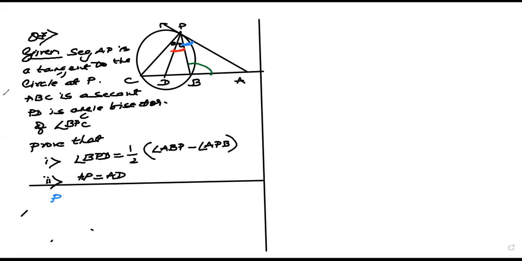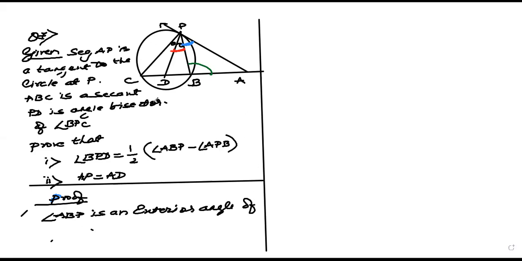I'm going to start with angle ABP. Just have a look at angle ABP, children. ABP is an exterior angle of triangle PBC.